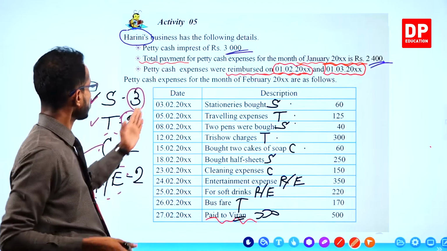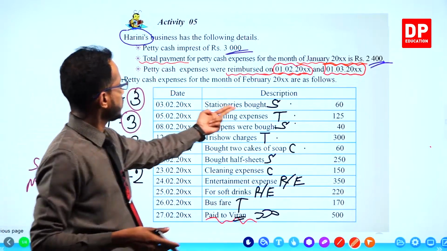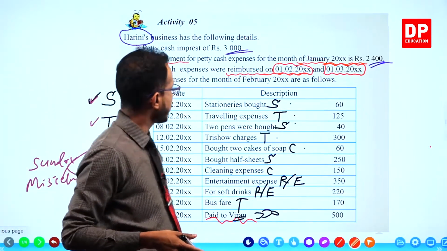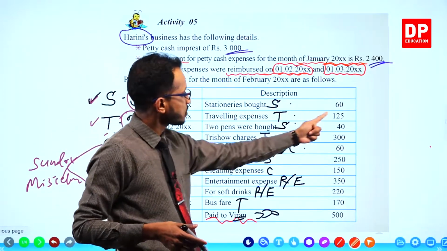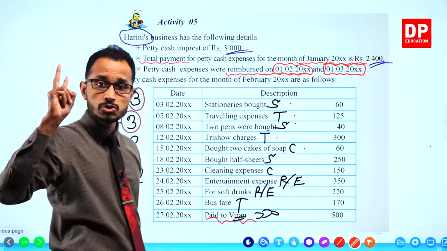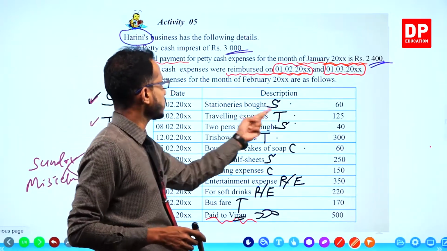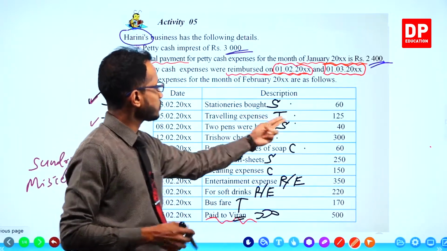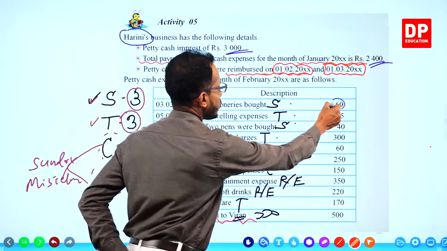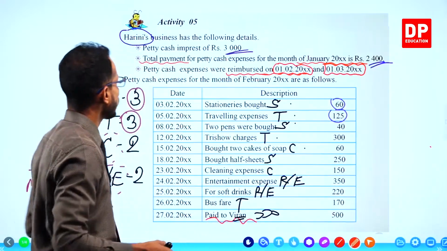It's here. Stationery is bought 60. Traveling expenses 125. We'll take 2 payments at once and we'll record it at once. Stationery is 60. Traveling expenses 125. We'll take these 2, 60 and 125.